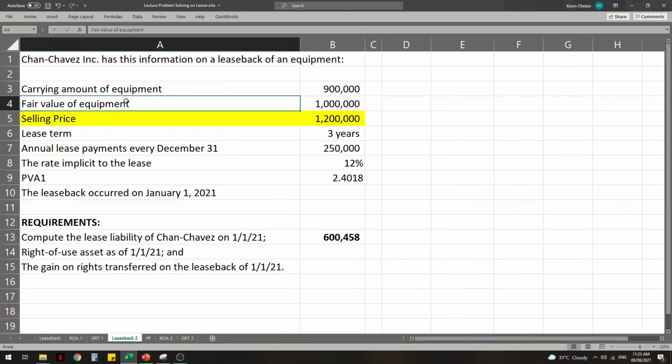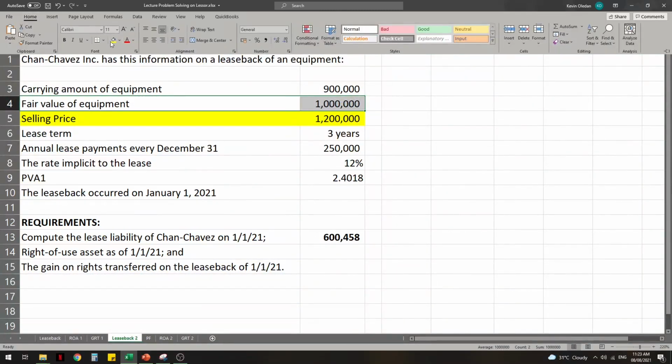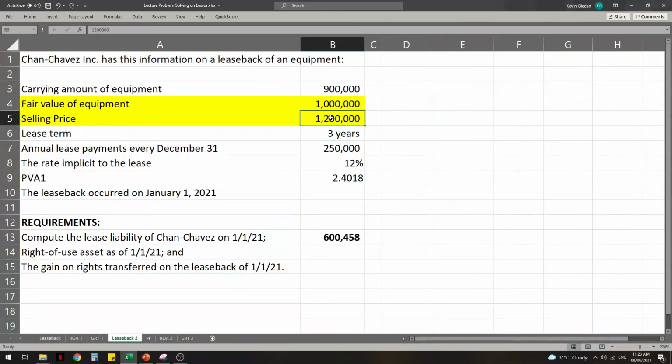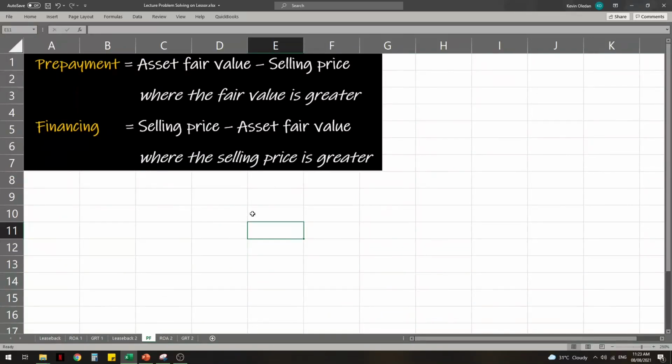And because of that, the selling price is no longer equal to the fair value of the asset. Okay, selling price is greater than the fair value of the equipment. When this happens, guys, you need to consult a code that I am going to present to you right now. When the selling price is not equal to the fair value, you will have either a prepayment or financing. Asset fair value minus selling price is equal to prepayment where the fair value is greater.